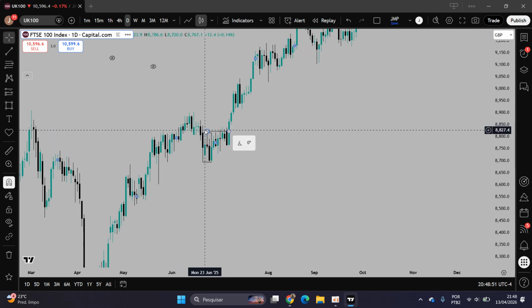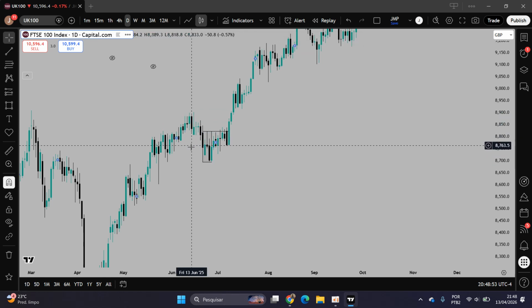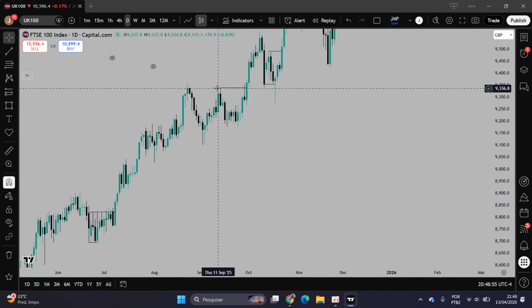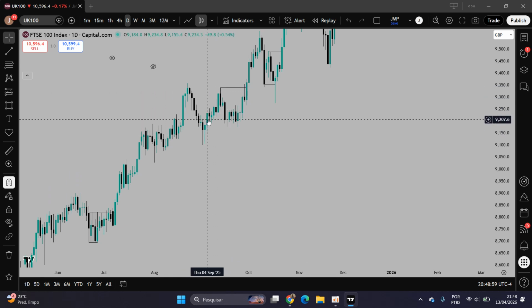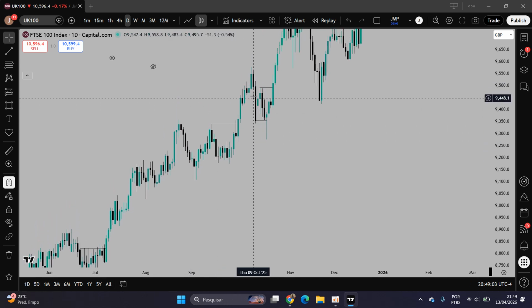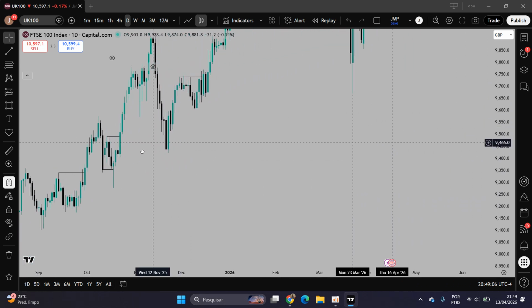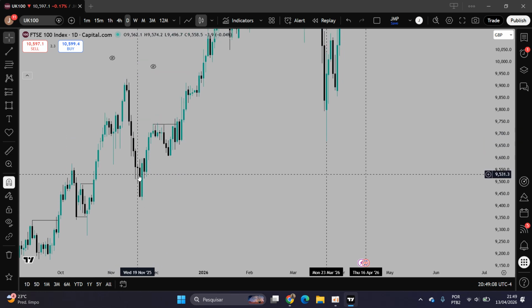This was not a great, huge move. This was a little bit stronger, but it was not a great move as well. This was not a great move as well, but this was the best move.